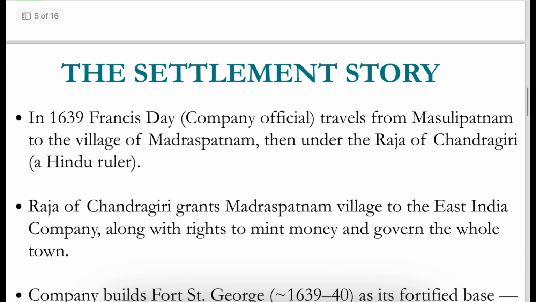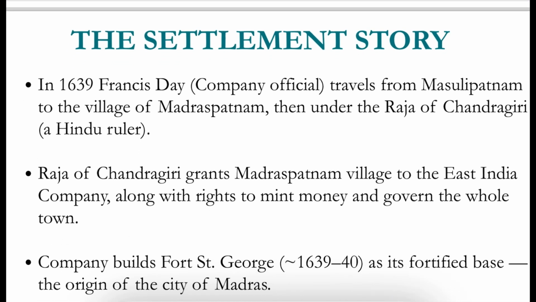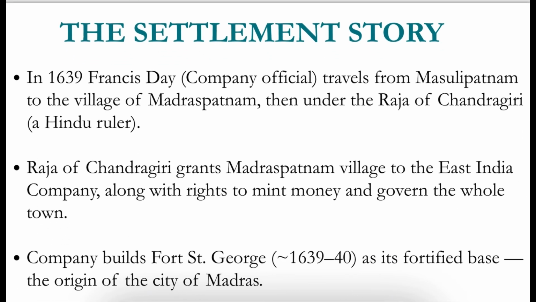Now let's get into the first part of the topic, which is the settlement story. The East India Company had already established a permanent factory at Madras in 1613. But Surat wasn't enough. The company wanted a base further along the eastern coast to expand trade, right?